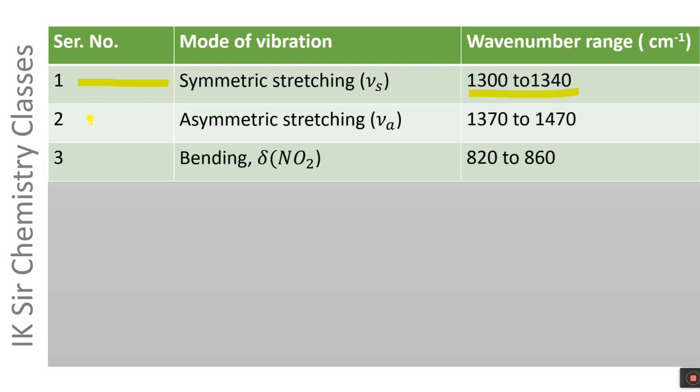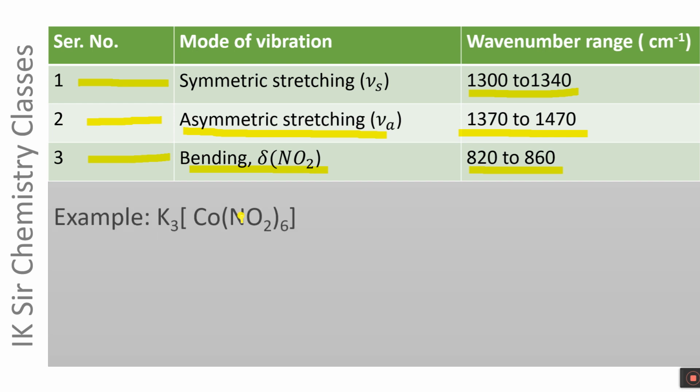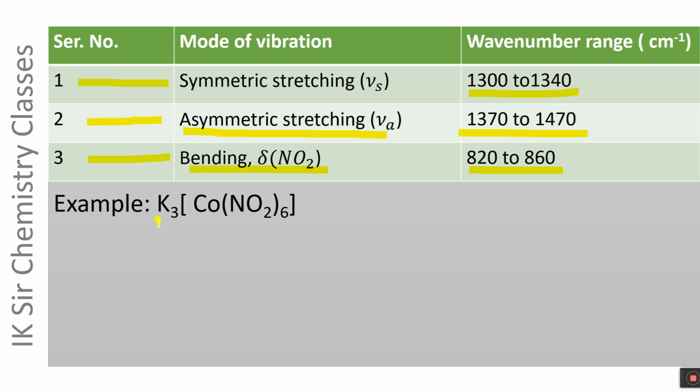The second absorption band is obtained due to asymmetric stretching in the wave number region 1370 to 1470 centimeter inverse, while the third absorption band is obtained due to bending mode of vibration in the wave number range 820 to 860 centimeter inverse. Let us see it diagrammatically with an example.